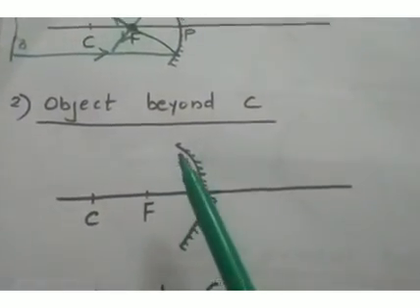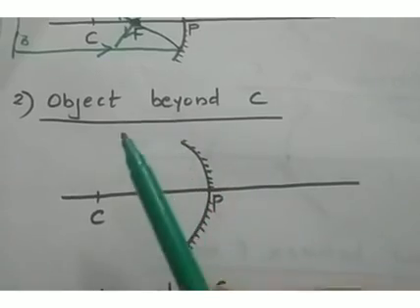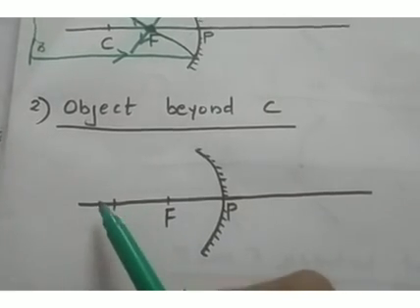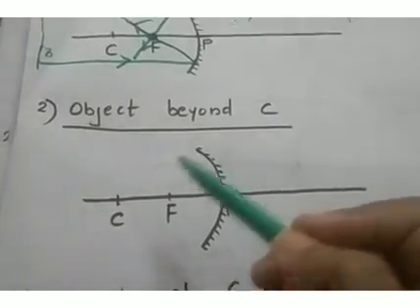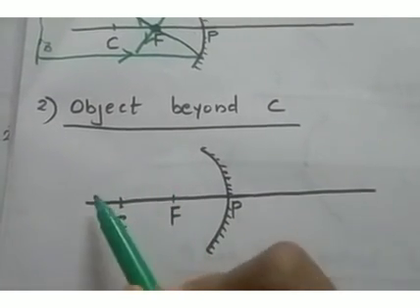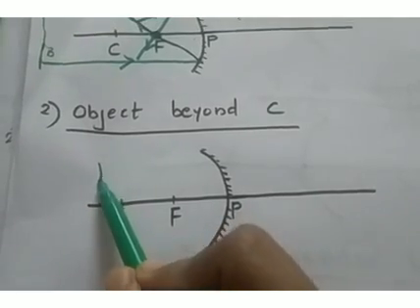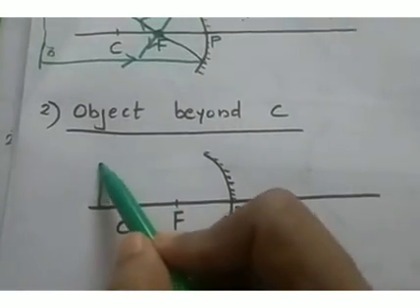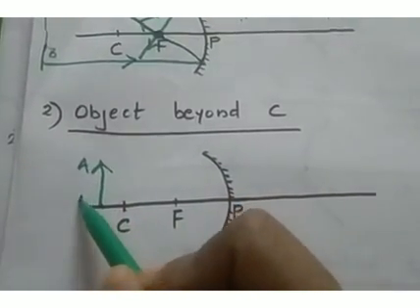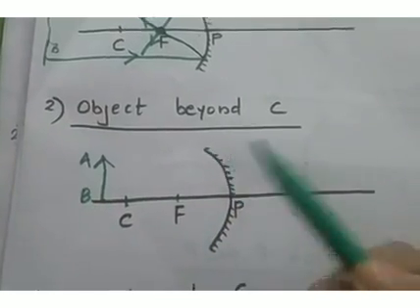What is the next position? Object beyond center of curvature. So here, this is the center of curvature point. Object beyond center of curvature means the object will be somewhere here, beyond the center of curvature. So let this be our object. An object is usually denoted like this. So this is our object AB.